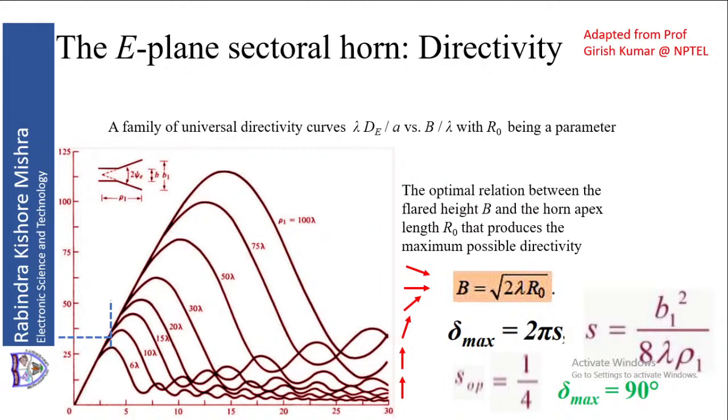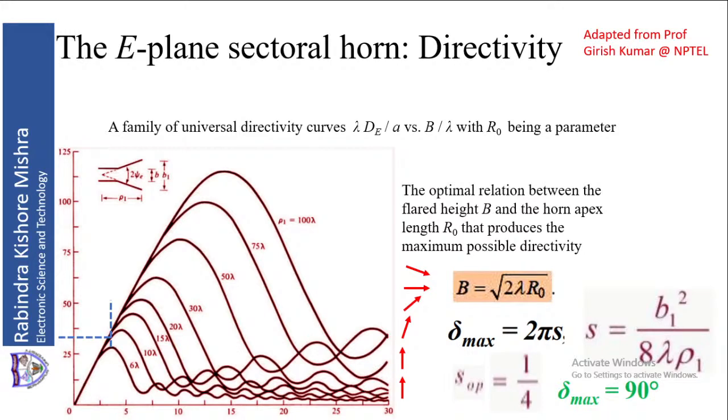Of course, the aperture size is small. Since the aperture size is small, the gain will be small, because gain is 2 pi a square by lambda. So the gain will be small compared to the large aperture. But here also, the explanation that we discussed for the H antenna holds. If I have larger phase error, I will have less gain compared to lesser phase error. That is one point.